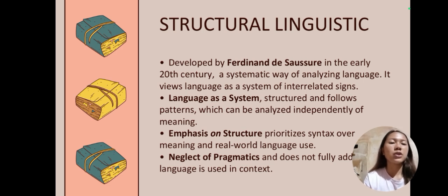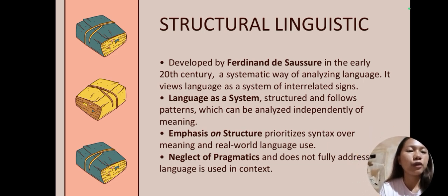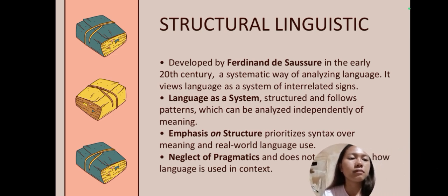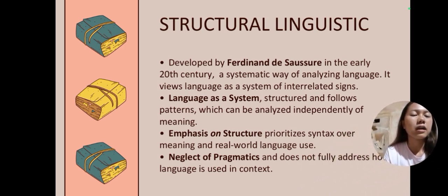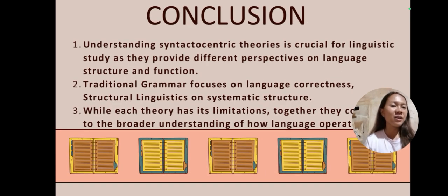Its emphasis on structure prioritizes syntax over meaning, and it neglects real-world language use and pragmatics, not fully addressing how language is used in context. So structural linguistics and linguistics are connected. That's all for my topic.